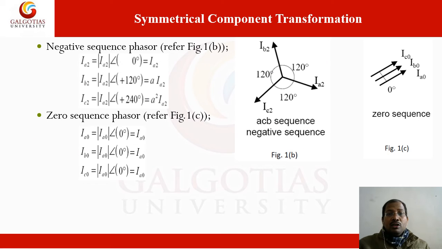Similarly, for the negative sequence, we can also represent it. With phase A as the reference, this IB2 is at 120 degree.